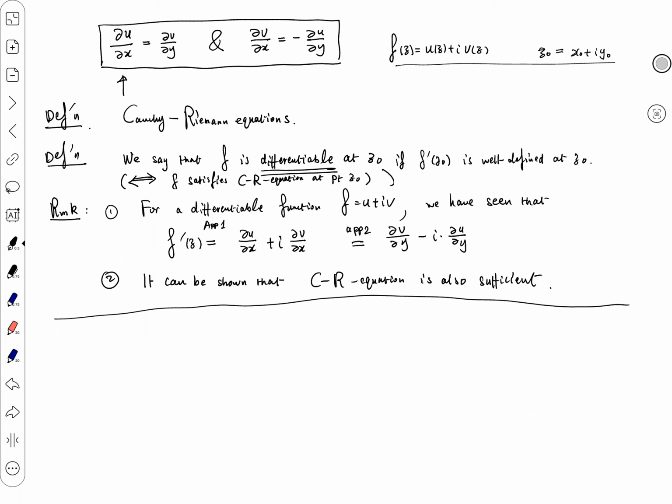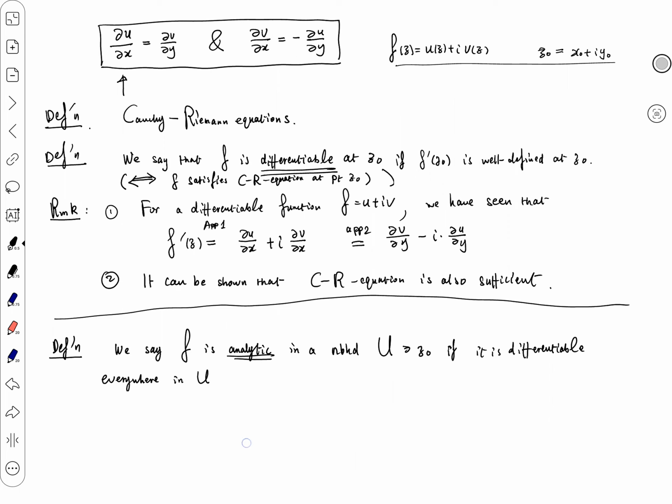And we will see that f is analytic in a neighborhood U of some complex number z0 if it is differentiable everywhere in U. We say that it is entire if it is analytic on the whole complex plane.